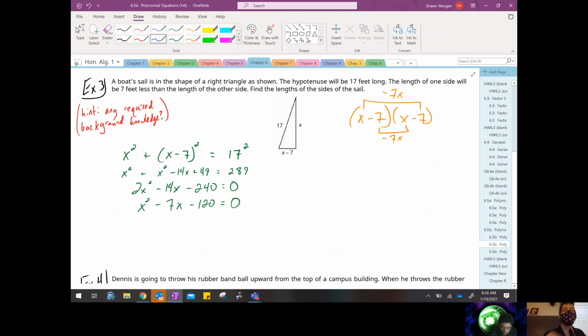So check this out. What we're literally doing here, you don't have to know this, but it's great for you to understand. Here's an equation right there, 2x squared minus 14x minus 240. Let's just say it looks like that, okay? And then when you divide everything by 2, all you're doing is flattening out that parabola.